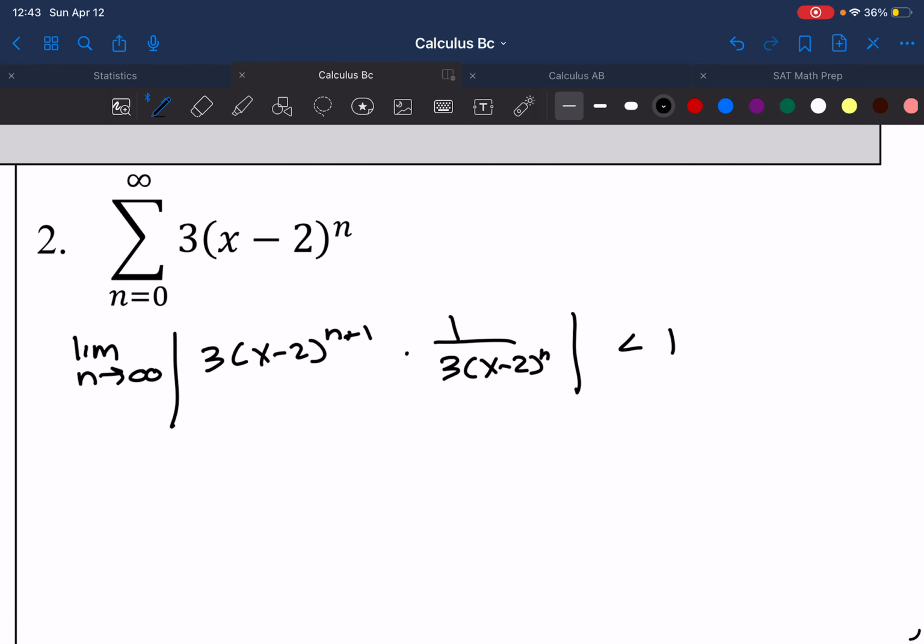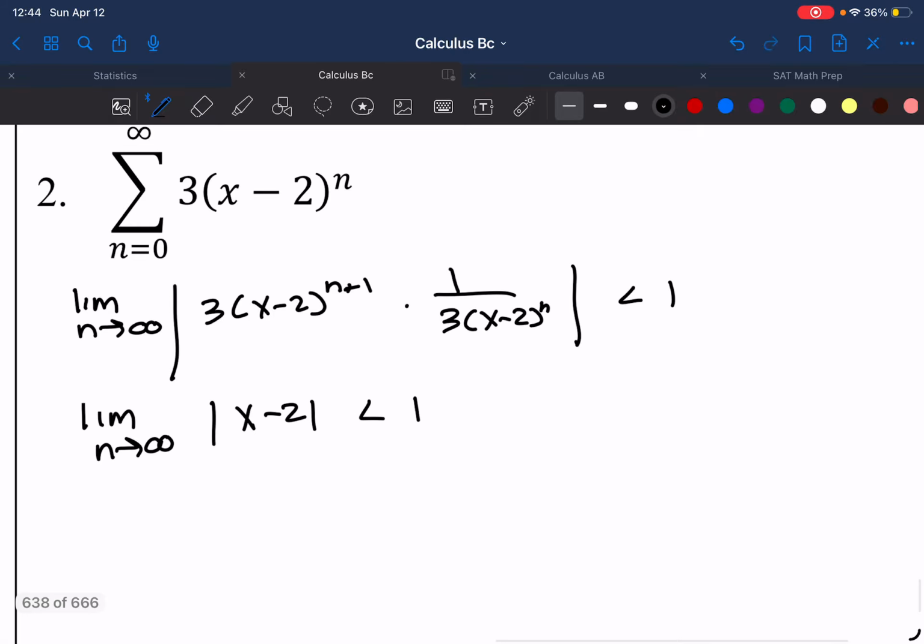Because remember, I'm checking, is it less than 1? Is it 0 or is it infinity? Okay, so this is going to be less than 1. And so if I simplify this, which means I cancel things out, I get the absolute value of x minus 2 less than 1. I then solve that out, so negative 1 less than x minus 2 less than 1 means I have the interval 1 less than x less than 3.